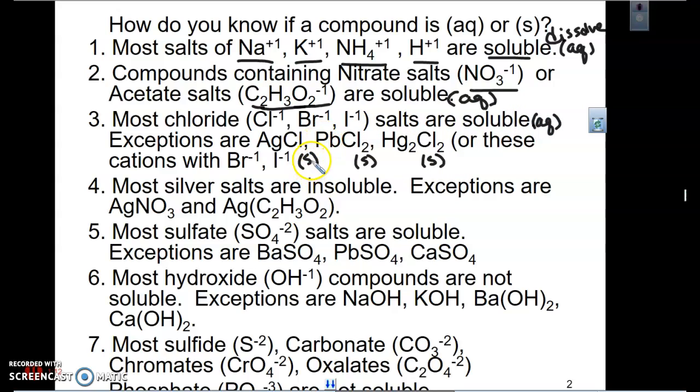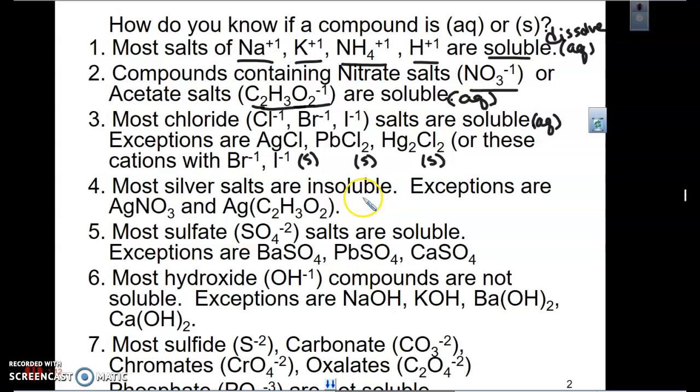Now, this rule pertains to all of the halogens, so Br-1, I-1 would follow that same rule. So if I had Br-1 with silver, AgBr, I would say that that's a precipitate, or PbBr2, that'd be a precipitate, and so on. But if I had anything else with Br, I would say, nope, that's soluble.